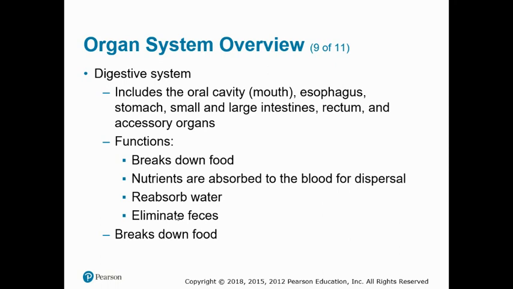However, that's not the only function. People often forget the digestive system also helps reabsorb water into our body, and it also is in charge of eliminating feces. Feces is just waste that you're getting rid of. Again, it helps break down that food and gets rid of it in a way that we can use it.